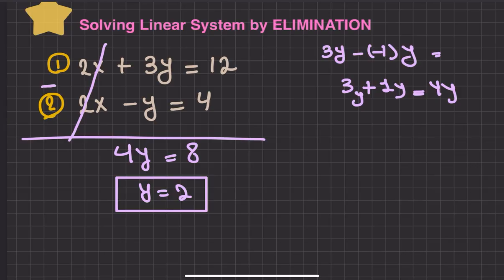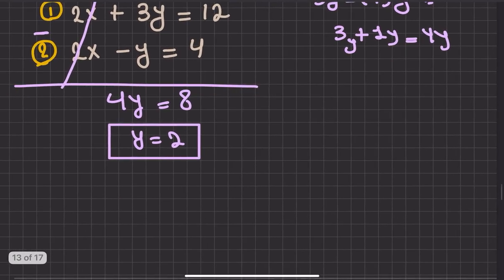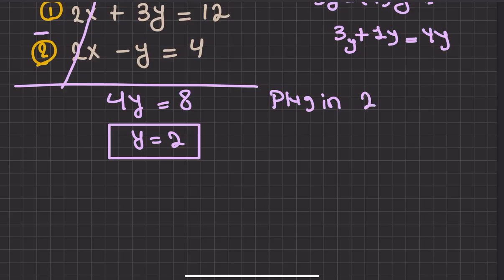Then I have my y. I'm going to plug y into one of these two equations in order to solve for x. I'm going to choose this one since I have only minus 1y beside it, so it's easier to solve for only y. So I'm going to plug it in: 2x minus 2 equals 4.